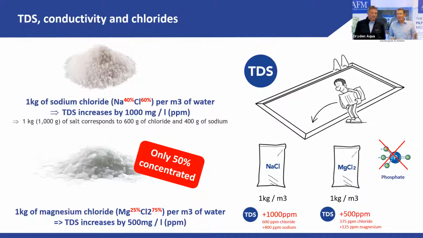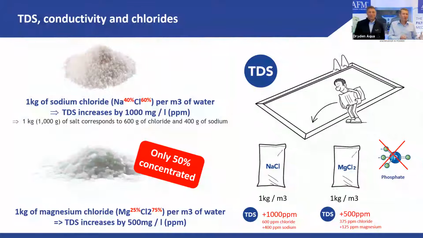So basically, we have 2 types of salt. We have sodium chloride, which consists of 40% sodium, 60% chloride. As Dominic mentions, if you add 1 kilogram of salt in 1 cubic meter of water, that's about 35 cubic feet, then your TDS will go up.